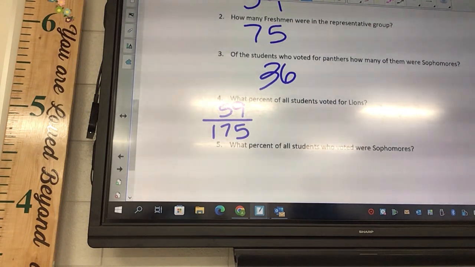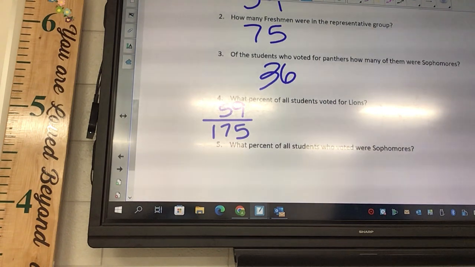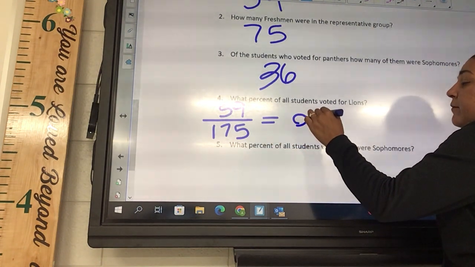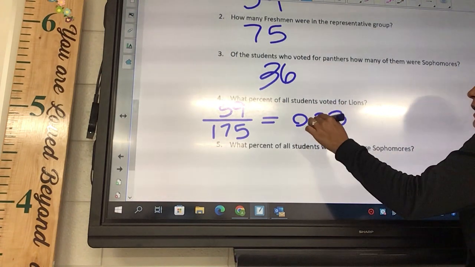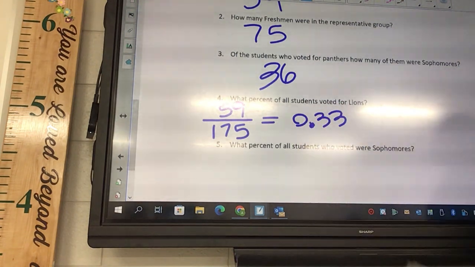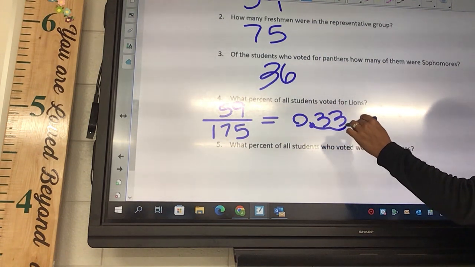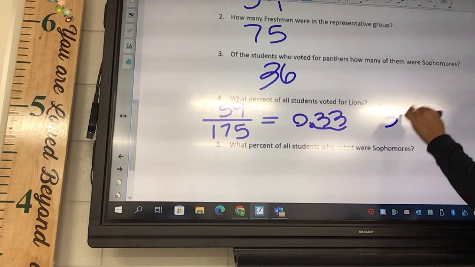So what is 59 divided by 175? What do you get as a decimal? 0.33. Okay, so we want a percentage though, and that's a decimal. So you're going to move it over 2 places. So 1, 2. So it's really 33%.